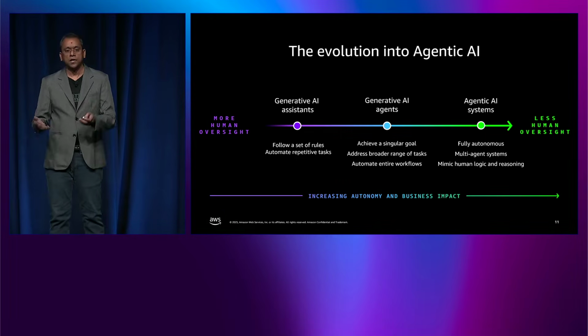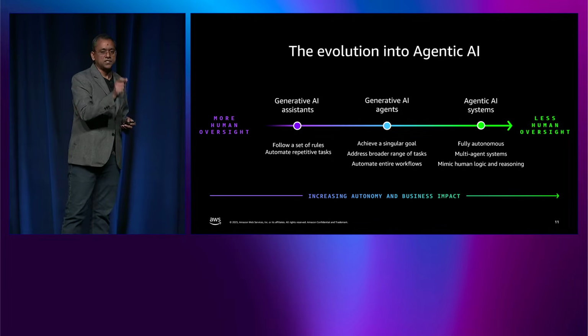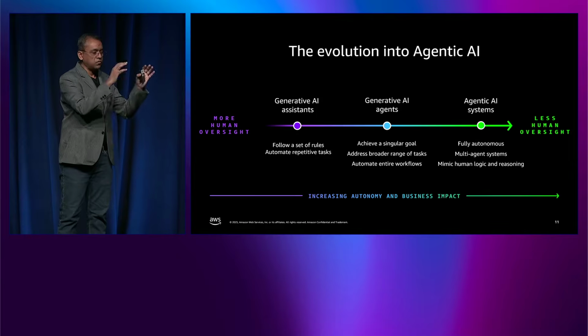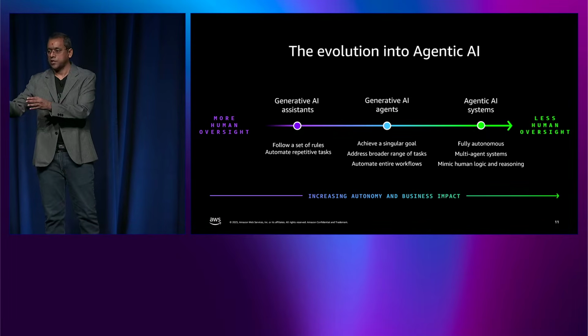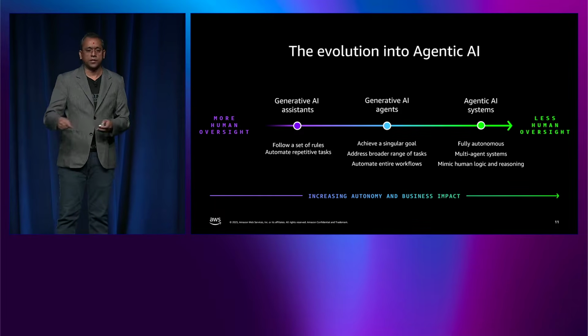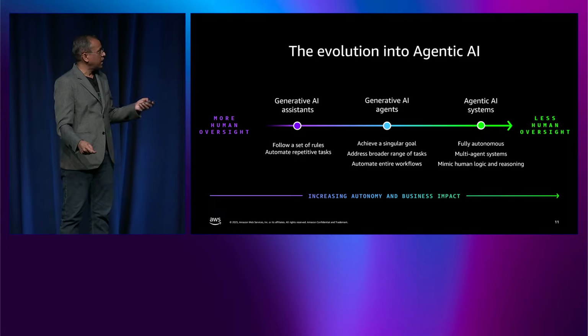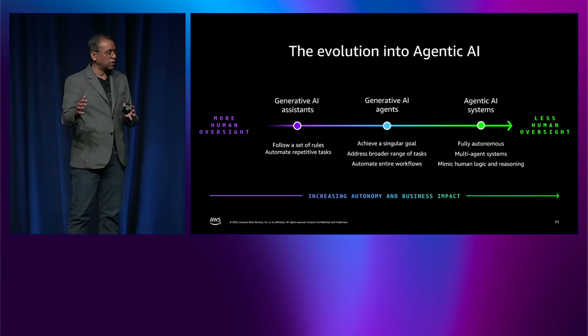But then came AI agents. Those agents were achieving a singular purpose. You tell the agent to convert from CloudFormation to Terraform. It will just do that part, and then you have to invoke another agent which will do a second part, and then you can address a lot of things, but execute them like a workflow.